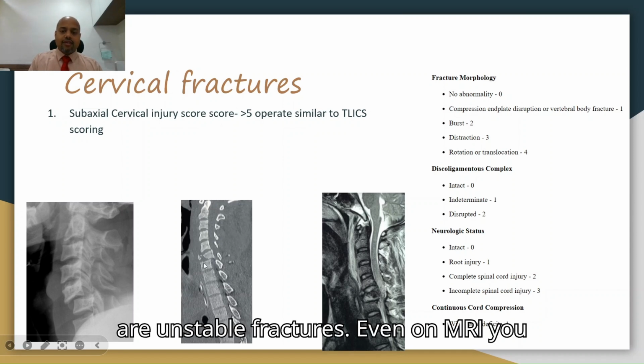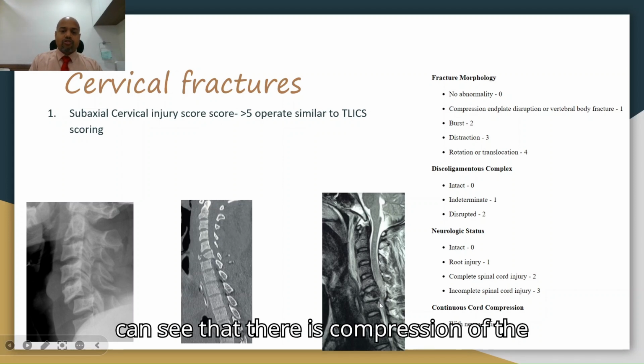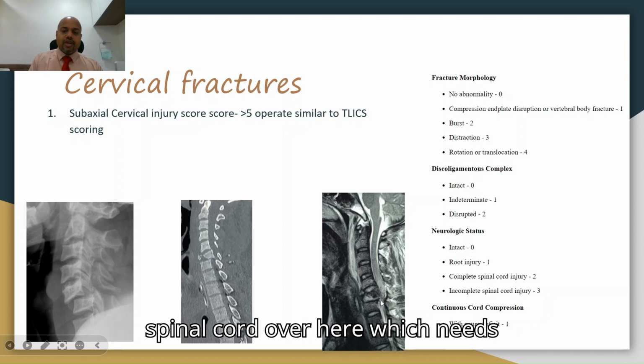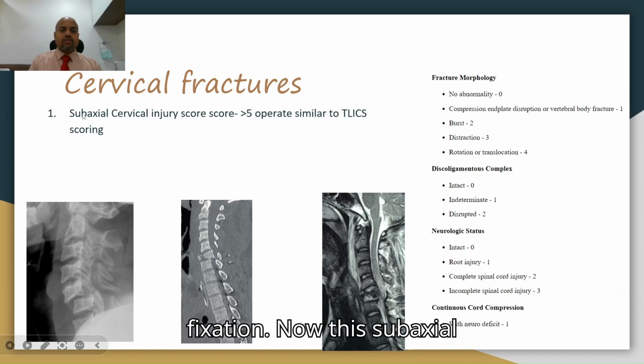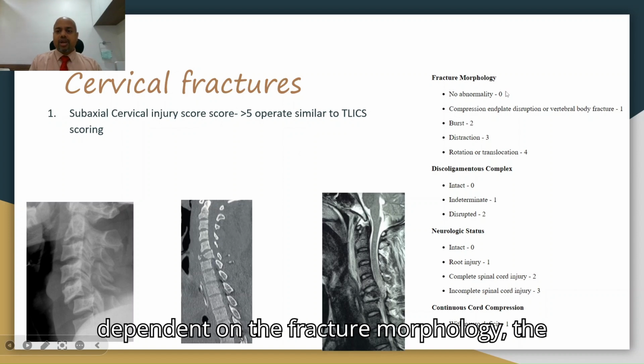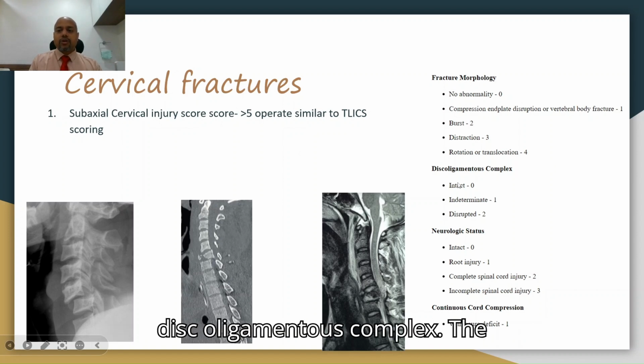So these are unstable fractures. Even on MRI you can see that there is compression of the spinal cord over here, which needs decompression from the front and fixation.